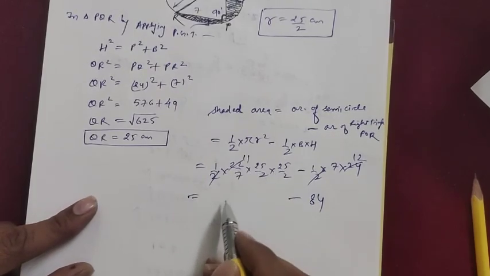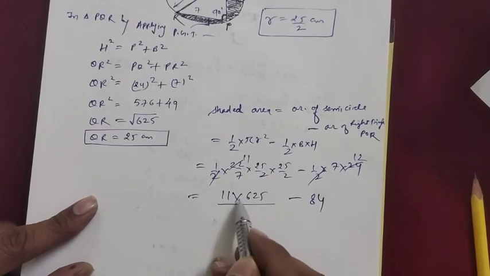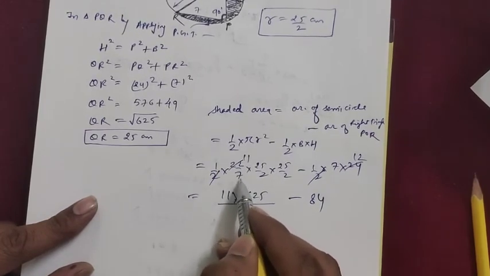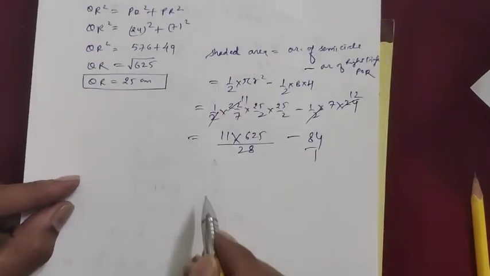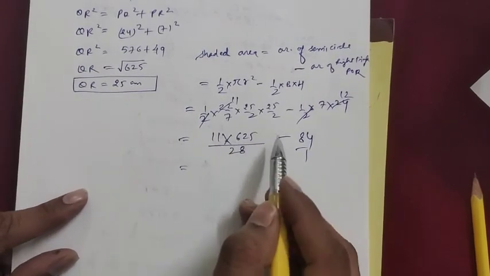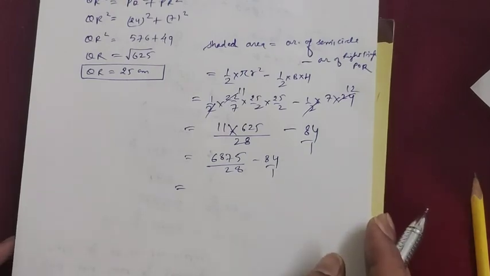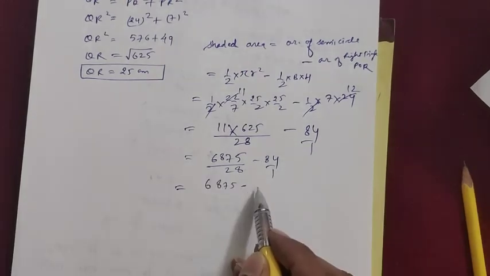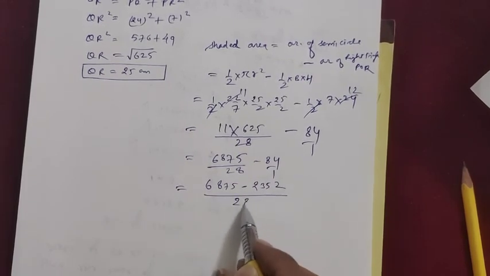So here we have 11 into 625 upon 7 2s are 14, 2 14s are 28. Okay, fine. So we can solve this further. 2, 3, 5, 2 upon 28.